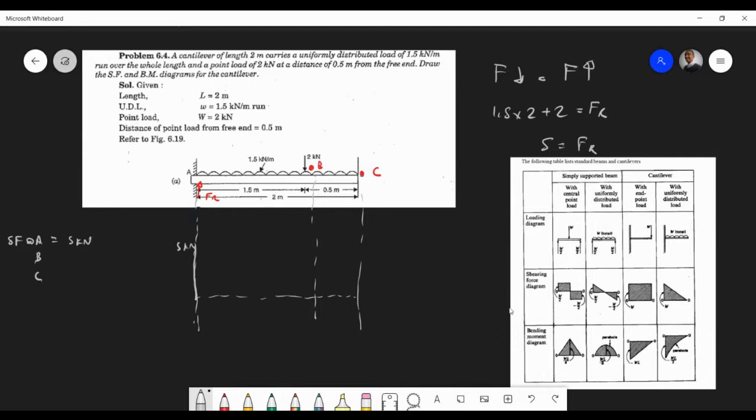Let's do it piece by piece. Then at B, this is our B now, we're going to have 1.5 times how much? We've got 5 minus 1.5 times 5. Are we all in agreement with that?